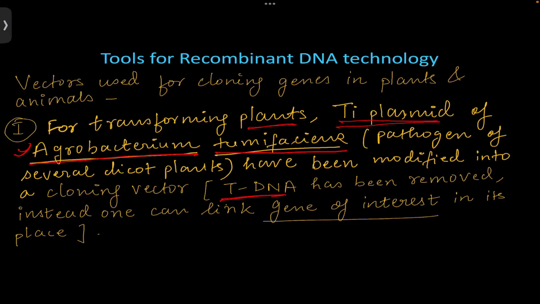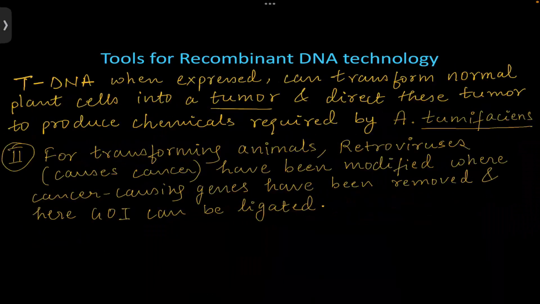Because of this, the plant cells will be transformed and will show the character which we intended by introducing this gene of interest. This is what I have written: T-DNA, when expressed, can transform normal plant cells into a tumor and direct these tumors to produce chemicals required for Agrobacterium tumefaciens.